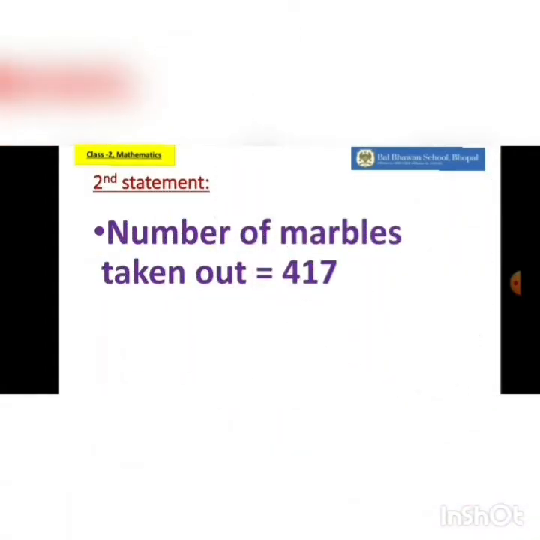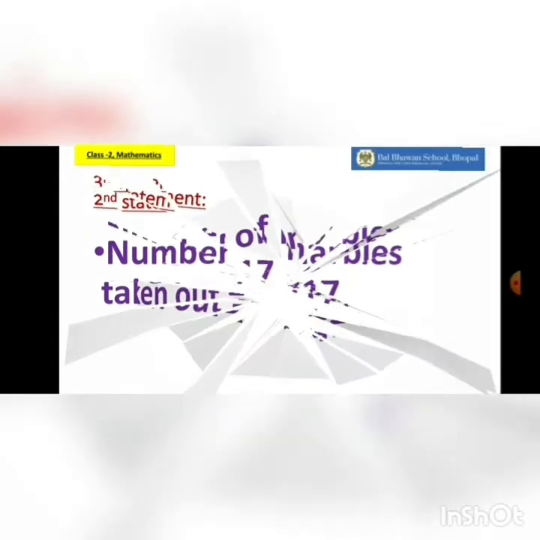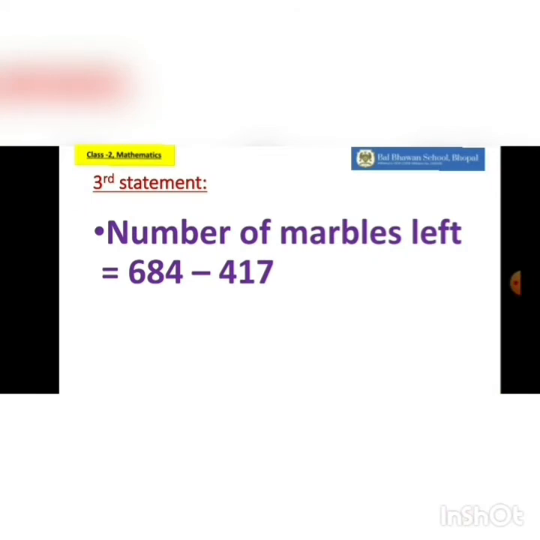Second statement, number of marbles taken out is 417. And third statement is we have to find out how many marbles are left. So number of marbles left is 684 minus 417. So where the word left is coming, you have to do subtraction.